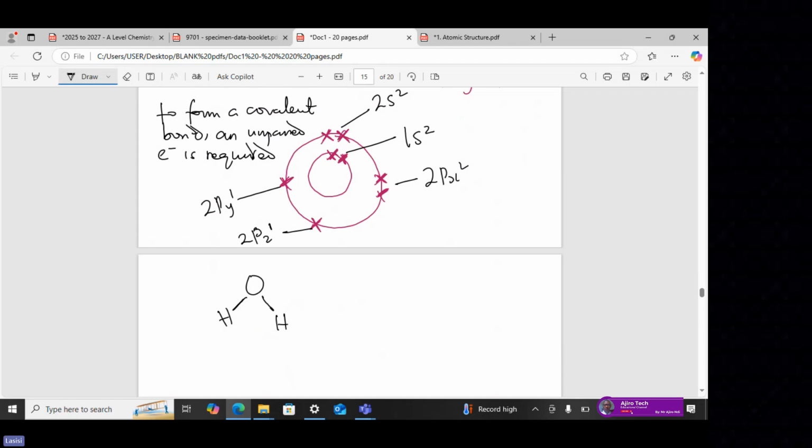Yes. He uses 2 to form 2 covalent bonds with 2 hydrogen atoms. After forming those covalent bonds, how many electrons will now be left in the outer shell?